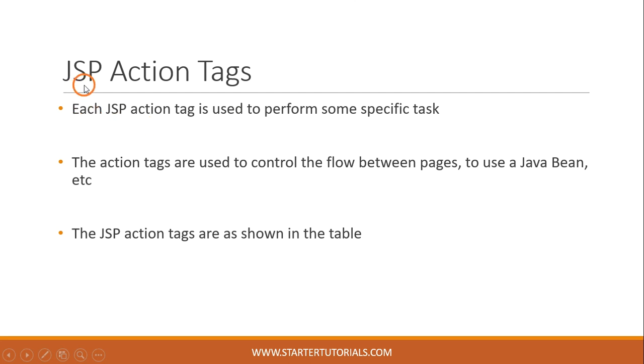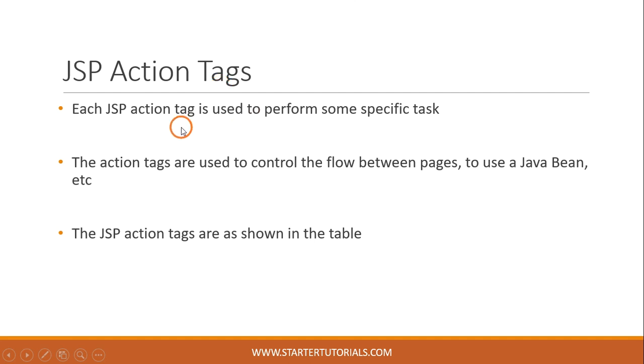So if you take JSP, there are different kinds of tags. Actually, JSP is a very vast technology, and I am not going to cover all those things in this tutorial. So let's see what is necessary for this program. In JSP, we have one form of tag called the action tag.